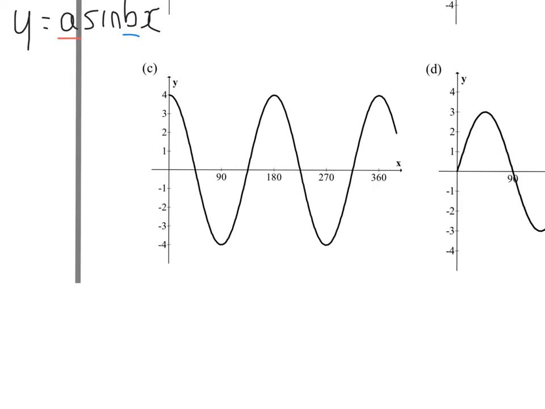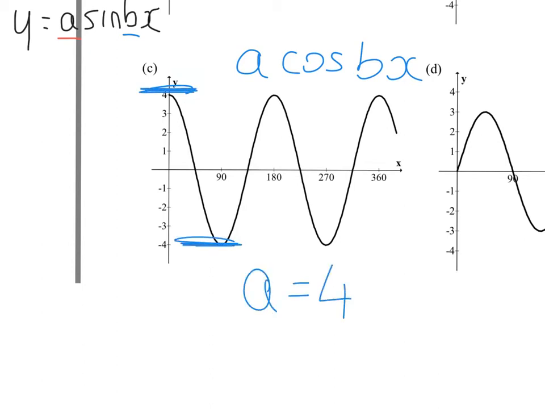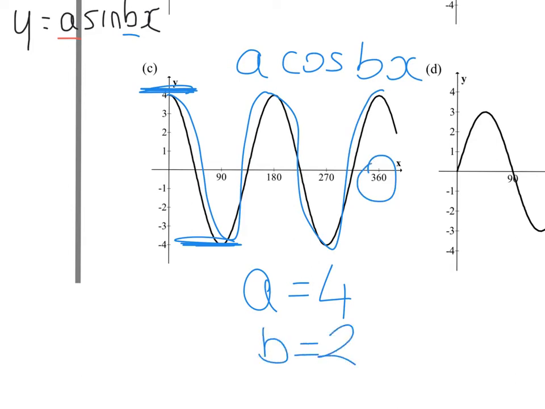The next one, we've got a cosine curve again. So a cos bx. A is the amplitude, which is half the total vertical height, so the curve goes up to 4 and down to -4. That's 8, half that to get the amplitude, and A is equal to 4. This time there are 2 complete curves in 360, so B is equal to 2.